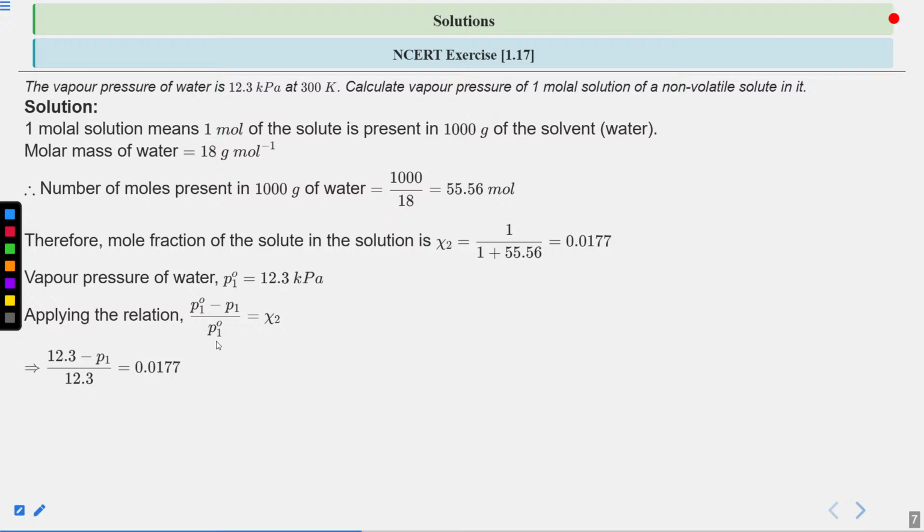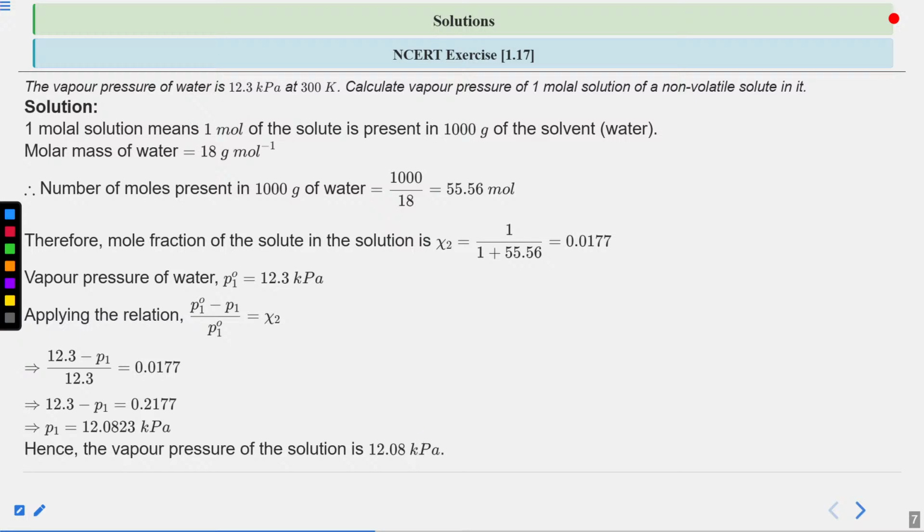If you put all these values here, chi 2 is calculated. P1 naught is given as 12.3. So this will give you P1, which is further calculated as 12.3 minus P1 is equal to 0.2177. So we have just multiplied this here. Finally, your P1 value will be 12.08 kilopascal.